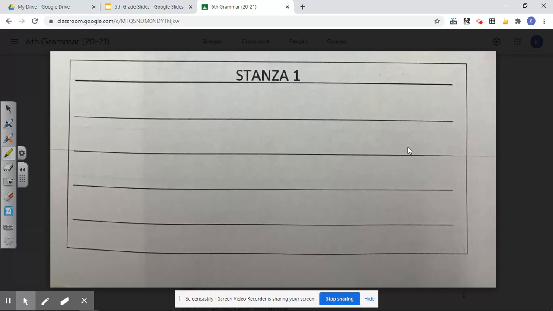But an AA is where everything at the end rhymes. So if you write a sentence like something, something, something, cat, and then something, something, something, bat, and then something, something, something, hat, right? That's an AA rhyme scheme because everything at the end of the sentence has the same sound. So cat, bat, rat, fat, whatever it is. That's your AA choice.